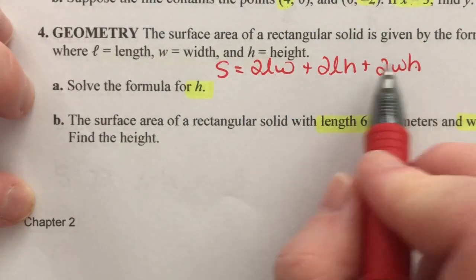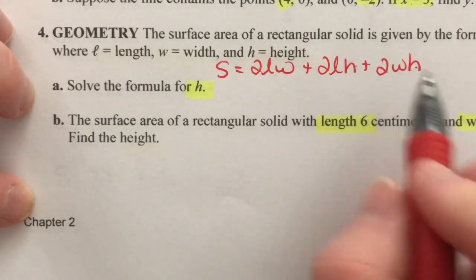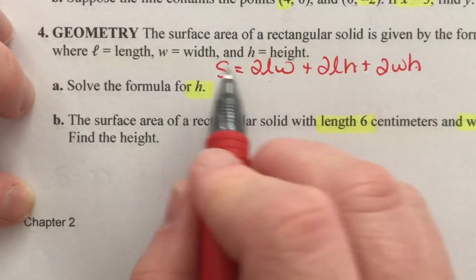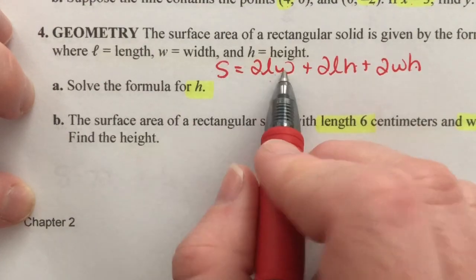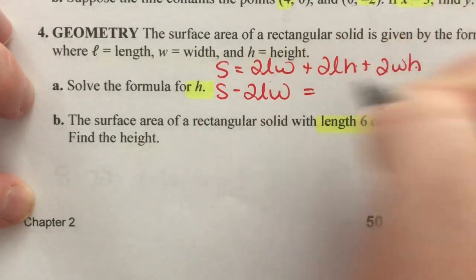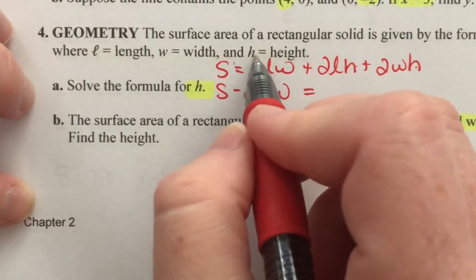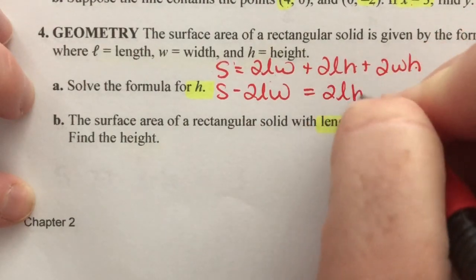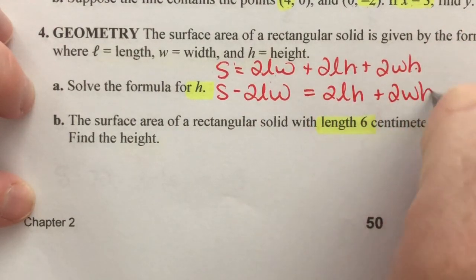Okay, and we want to get H alone, and right now it's in 2 of my terms over here. So I want to definitely get rid of this term. So if I subtract 2LW from both sides of my equal sign, I'm going to get S minus 2LW equals, on the left, and then on this side, this one cancels, so I'm just left with 2LH plus 2WH.